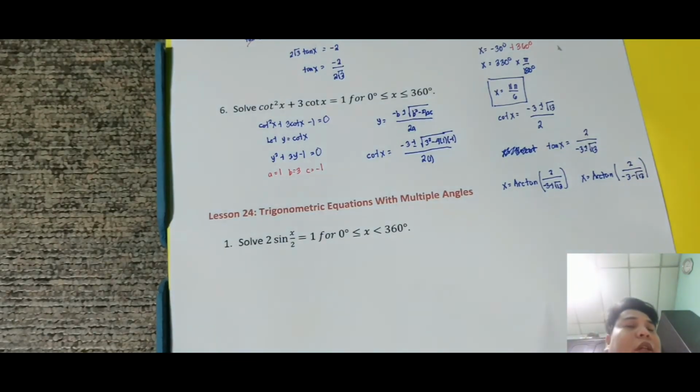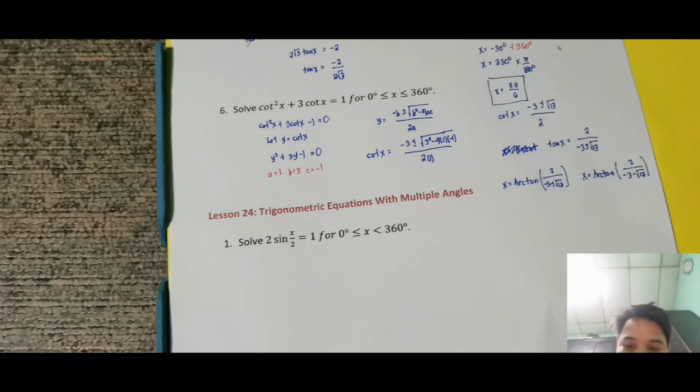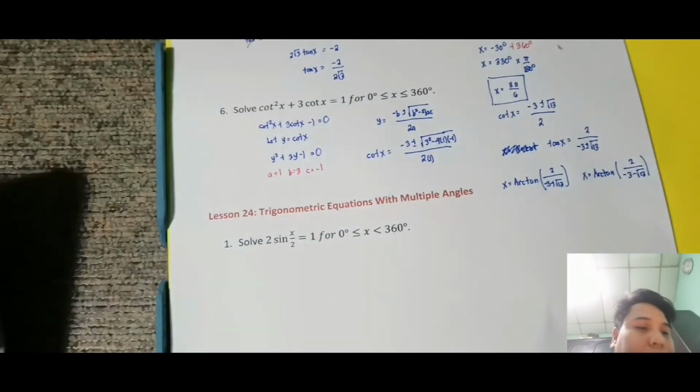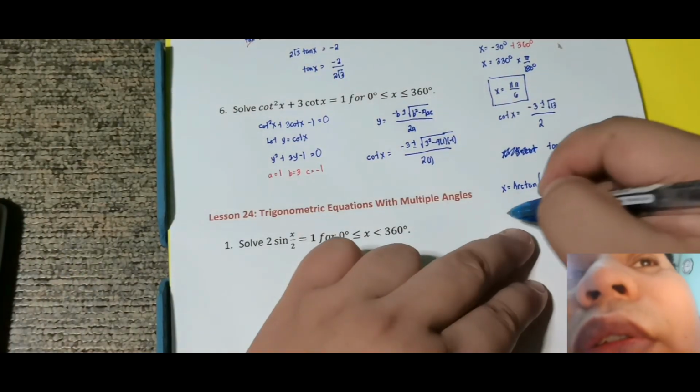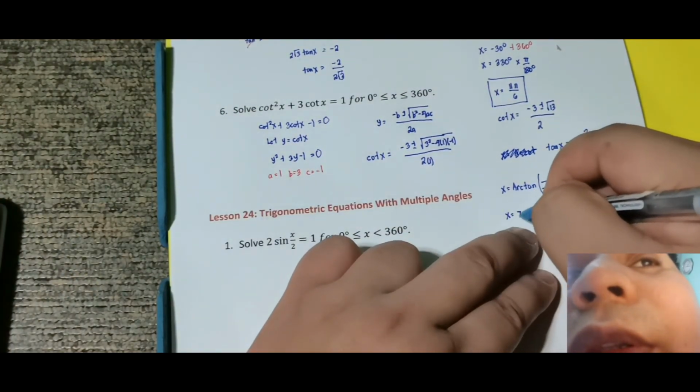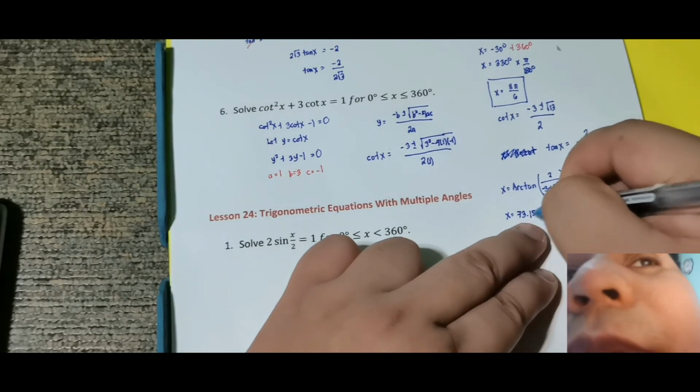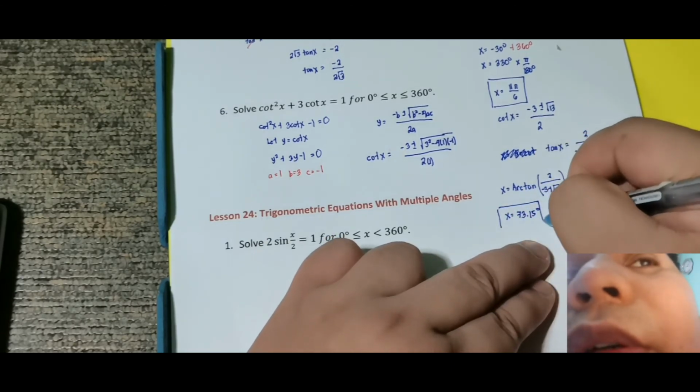So dalawa yung possible sagot natin. So una, arc tangent ng 2 over negative 3 plus square root of 13. Okay, so that is 73.15. So x dito, 73.15 degrees.